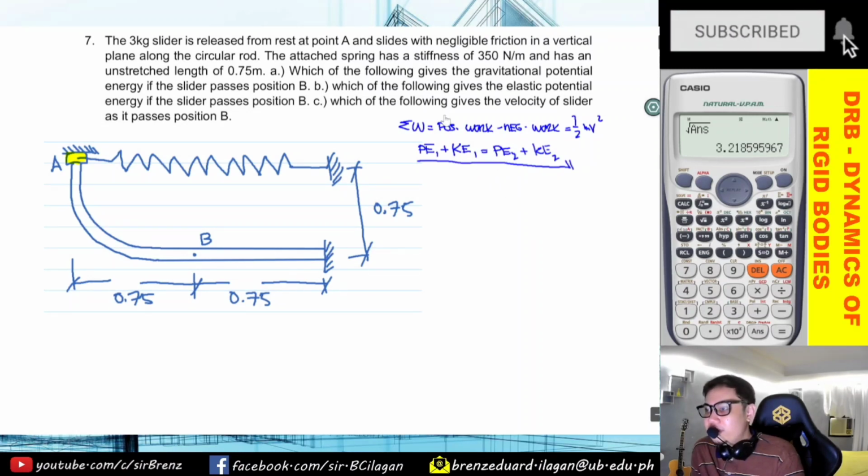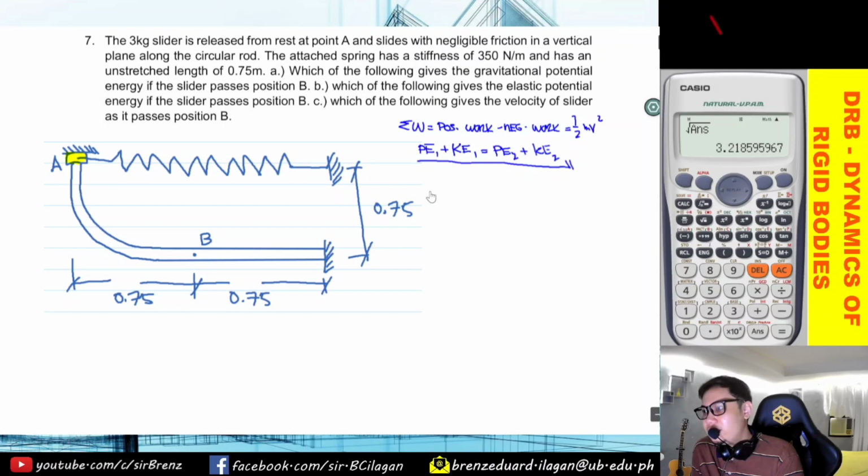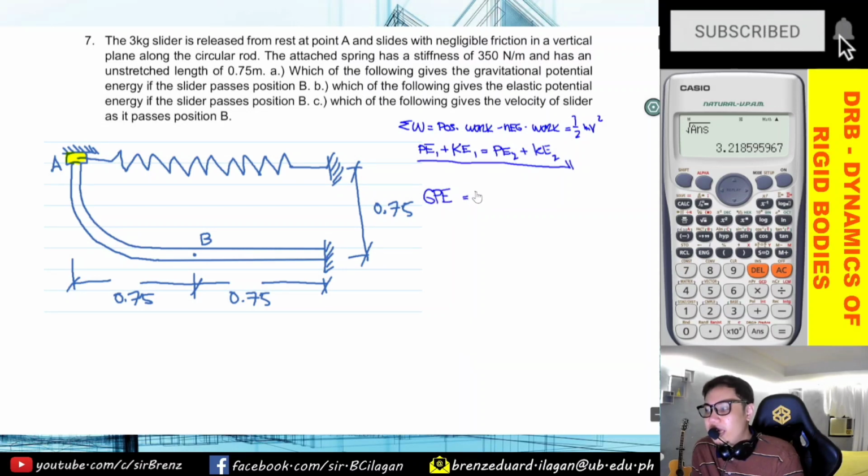Okay? So, which of the following gives the potential energy if the slider passes position B? Ang tinatanong lang dyan, guys, is yung gravitational potential energy pagdating niya doon sa point 2. So, mangyayari dyan is potential energy at point 2 minus potential energy at point 1 due to the gravity.